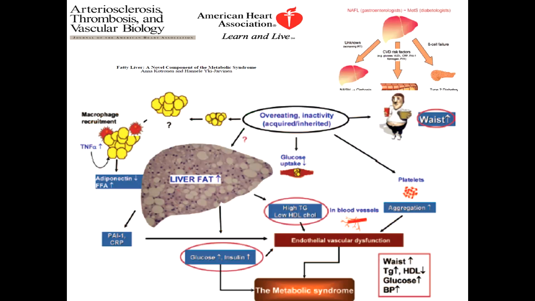But whether or not somebody is overweight, whether or not somebody actually has vascular disease, if the liver, the main organ for fat metabolism, is experiencing dysregulation, pathology, or disease, you can see from this diagram that it's going to begin to increase the secretion of PAI-1, which is going to be prothrombotic, CRP, which is our marker of inflammation, high triglycerides, and low HDL.